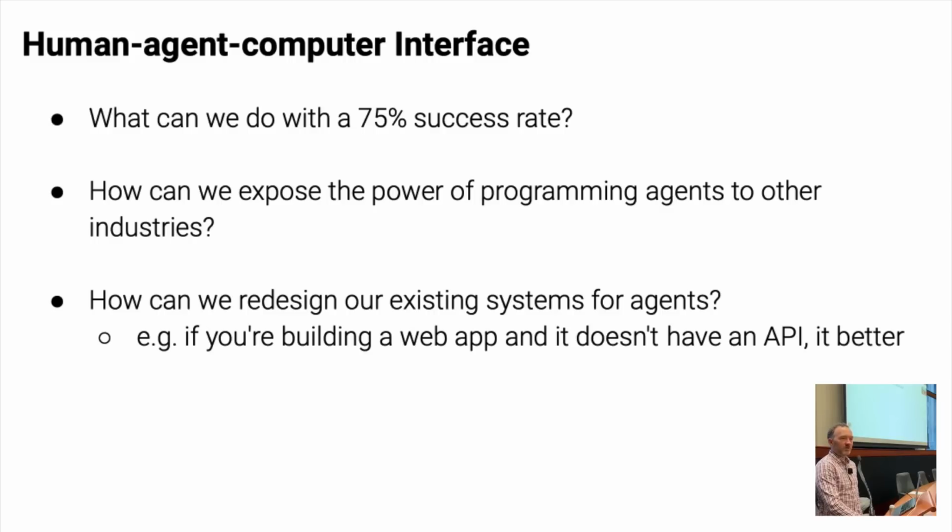So 30 to 40% of the things that I want an agent to solve on my own repos, it just solves without any human intervention. 80 to 90% it can solve without me opening an IDE, but I need to give it feedback. So how do we make that interaction smooth so that humans can audit the work of agents that are really, really good but not perfect is going to be a big challenge.